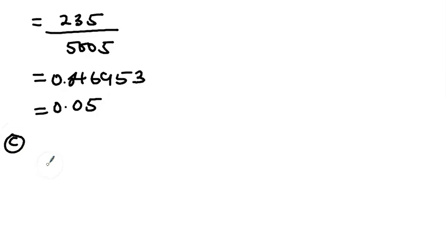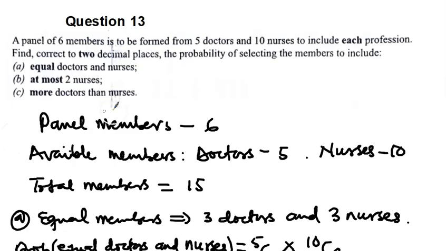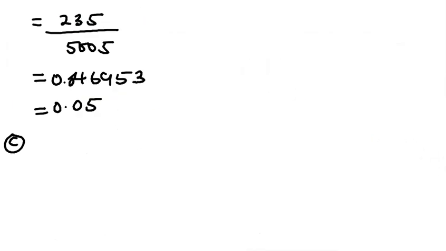So let's quickly look at the C part. The C part talks about more doctors than nurses. Now we have 6 panel members. So if you are looking for more doctors than nurses, it means we can have all 5 doctors, or 4 of them. When it comes to 3, because they are 6, that would be an equal number of doctors and nurses.